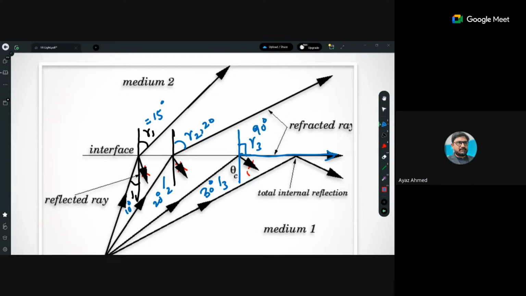So as the angle of incidence increases, the angle of refraction also increases, and a time comes when, after a lot of increase, the angle of refraction becomes 90 degree. Does everyone get it or not?